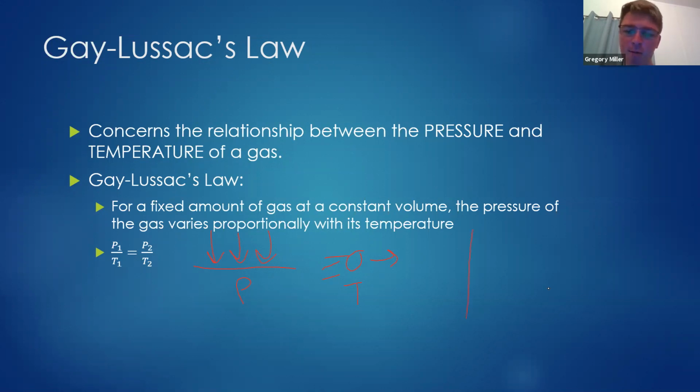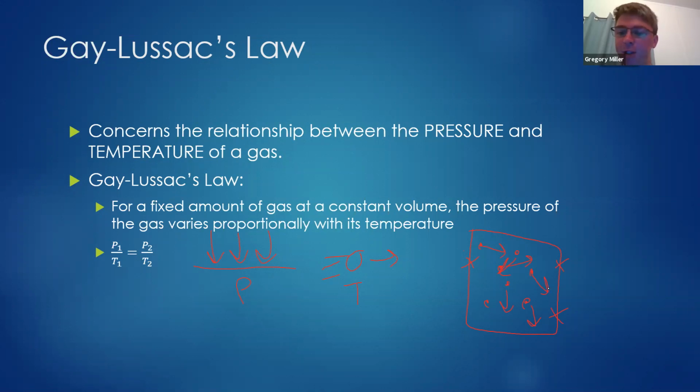So if we think about a container, and it has to be a sealed, rigid container because our volume can't change, so a metal box or something. If we have some gas molecules in it, and they're moving around, they're bouncing, they're hitting the walls occasionally, and now we increase the temperature, and now they're moving faster, and they're bouncing around more in random directions, but bouncing all over the place.